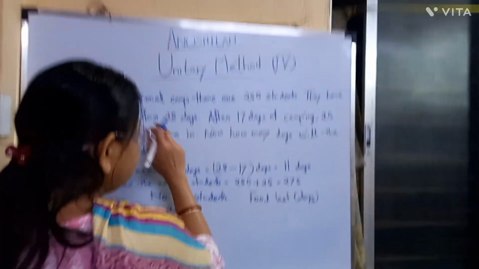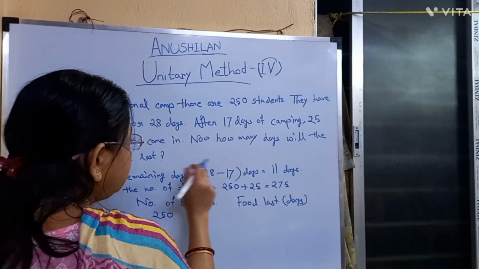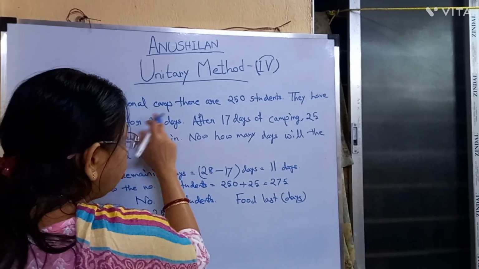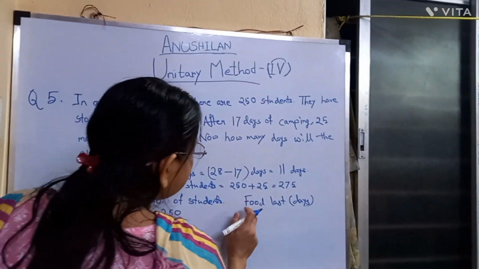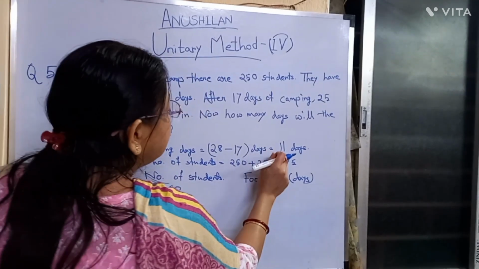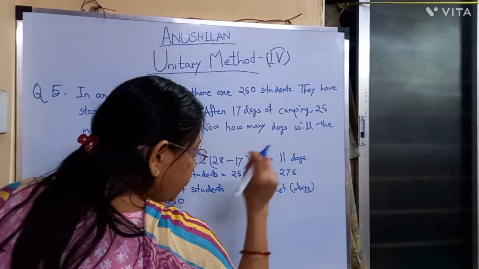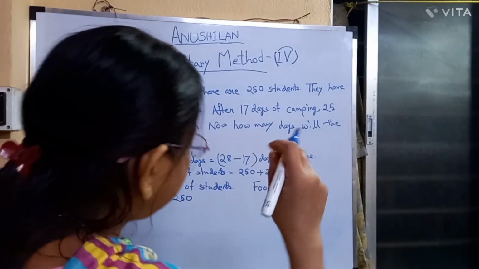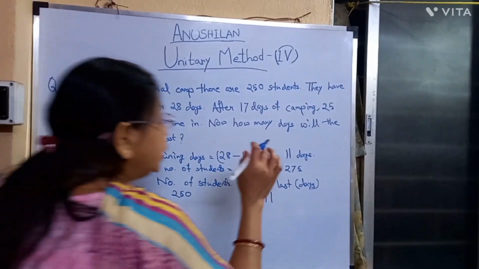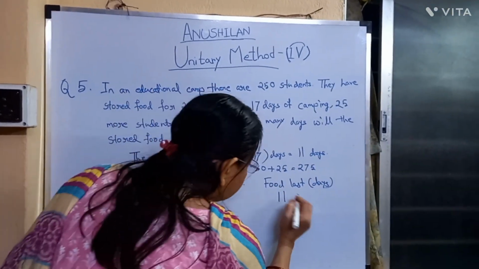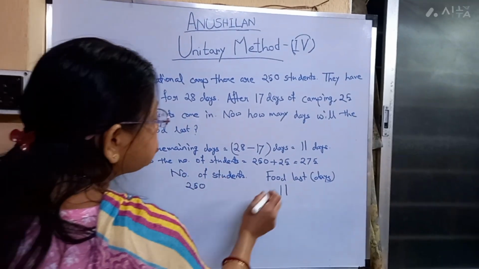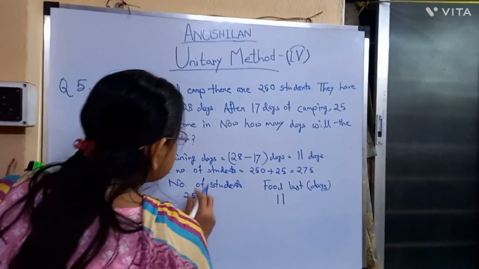Don't write this one because I have to calculate the remaining days, not 28 days. 250 students, food lasts for 11 days. If you concentrate on my talk, the remaining 11 days, the food lasts for 11 days.